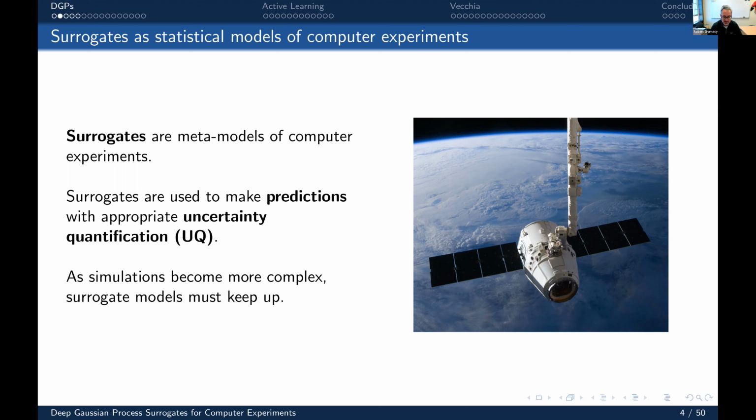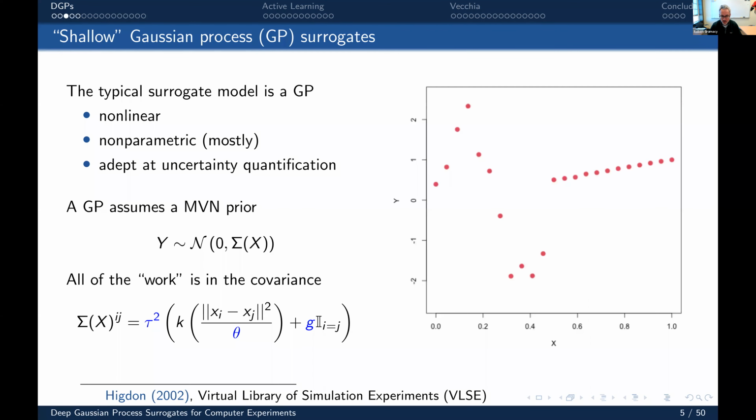We have to increase our modeling fidelity in a statistical sense to match the increases in fidelity that are coming from the mathematical models and the computer codes themselves. So that's my research area, computer surrogate modeling or computer model emulation. And in that world, the canonical statistical regression apparatus is the Gaussian process.